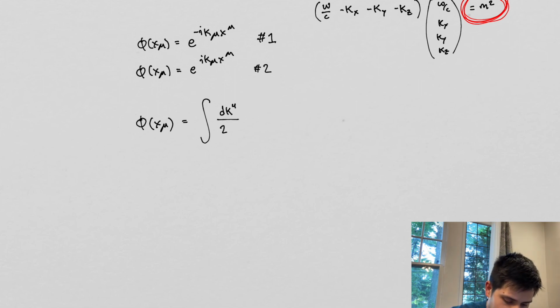We're dividing by a normalization factor, and we'll see why we do this later. For right now, it's just a constant, it doesn't really matter.